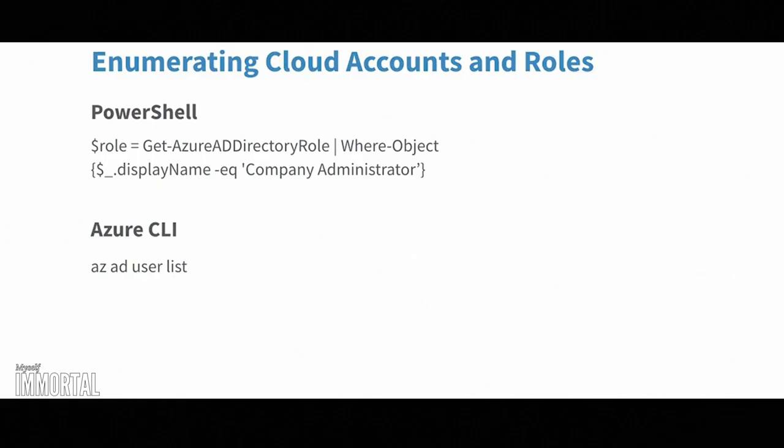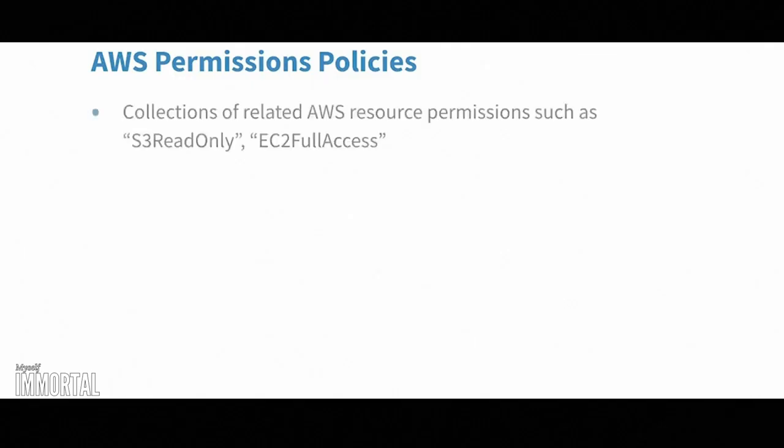Now, there are a lot of third-party tools that will do similar types of things, and we need to be aware of these things. We've also got AWS, Amazon Web Services, permissions policies. A policy is a collection of related resource permissions, such as S3 read-only, which allows read-only access to S3 storage buckets in the AWS cloud, or EC2 full access to allow full access to manage EC2 instances, which are virtual machines.